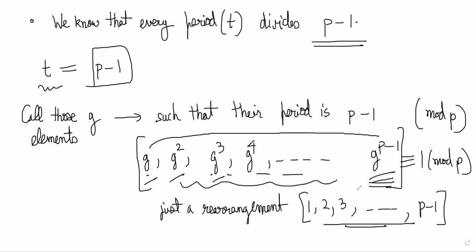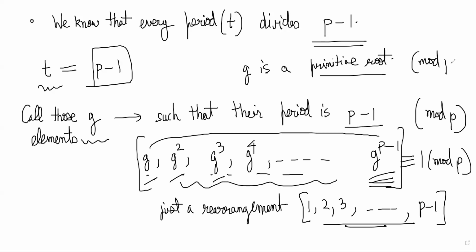The repetition starts after this point. This type of element g, which has a period of p minus 1, is known as a primitive root. So g is a primitive root mod p, because the period of g is p minus 1. We'll deal with primitive roots in more detail in future classes.